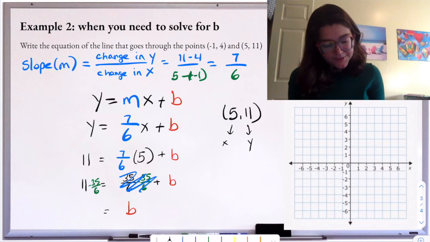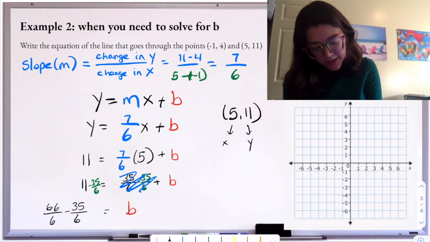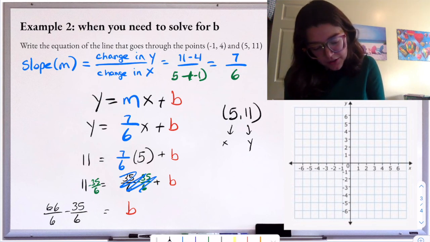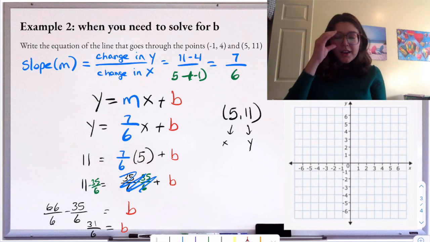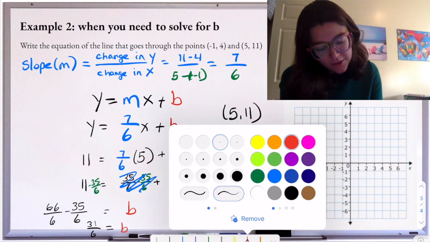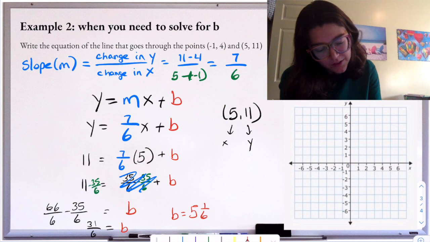On the left, it's a little bit of work here: 11 is the same thing as 66/6, minus 35/6. That is going to be equal to 31/6, and that is equal to b. Getting that into a mixed number, that will be 5 and 1/6. So b equals 5 and 1/6.